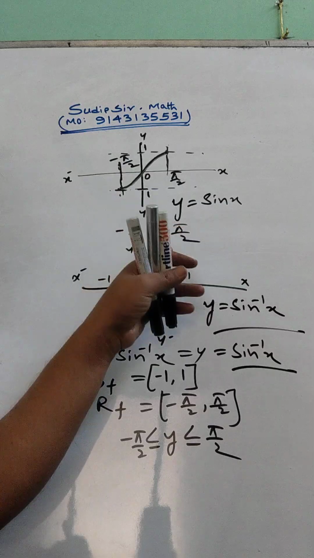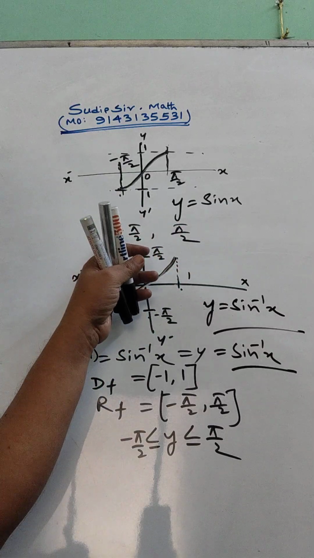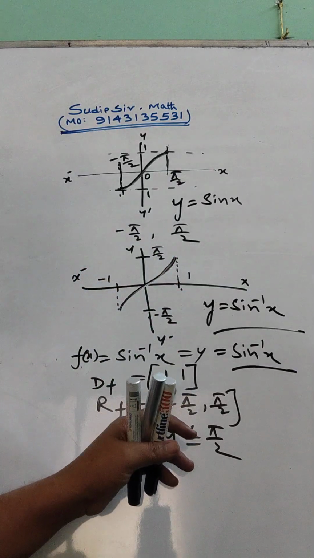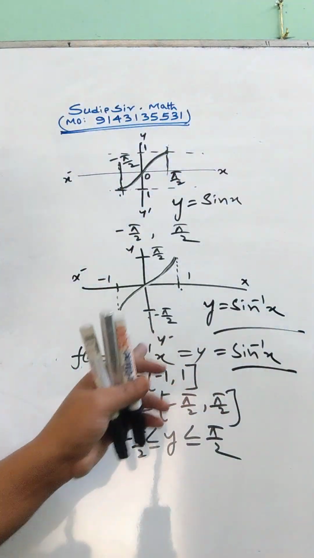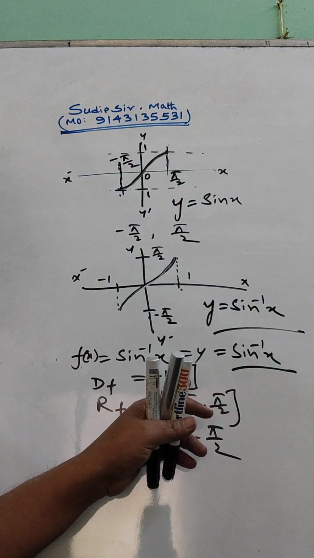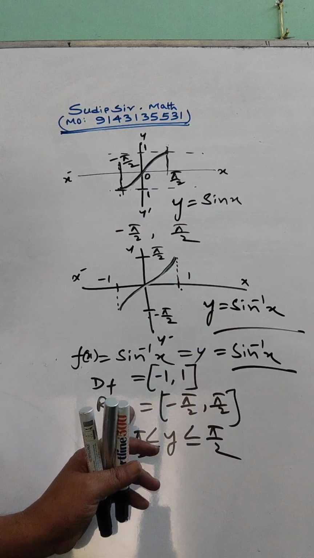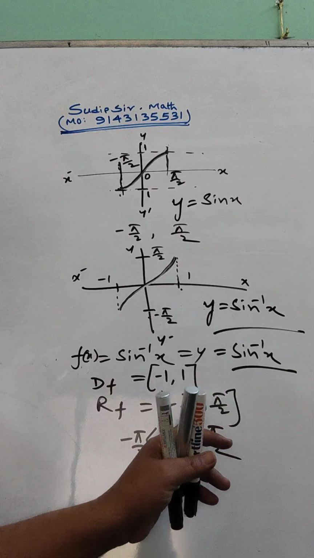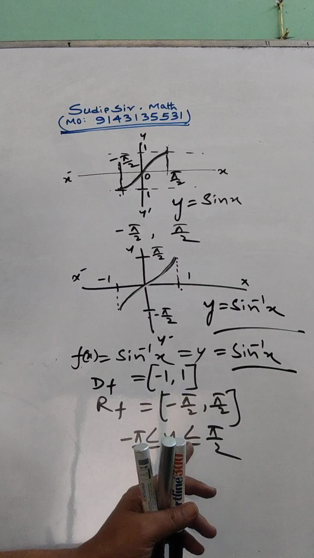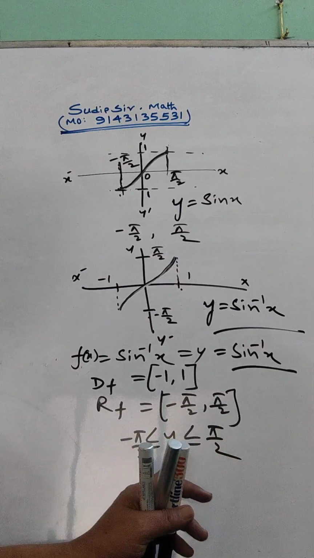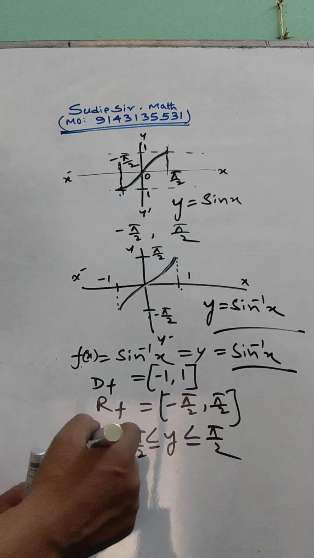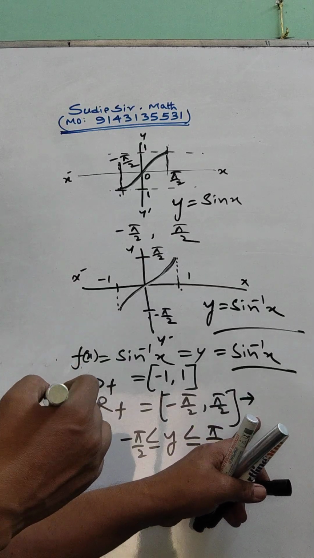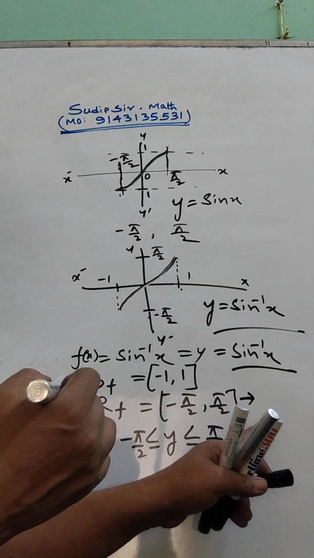So for sin inverse x, it is very clear: the domain is minus 1 to 1, the range is minus pi by 2 to pi by 2, and this is the principal value of sin inverse x.